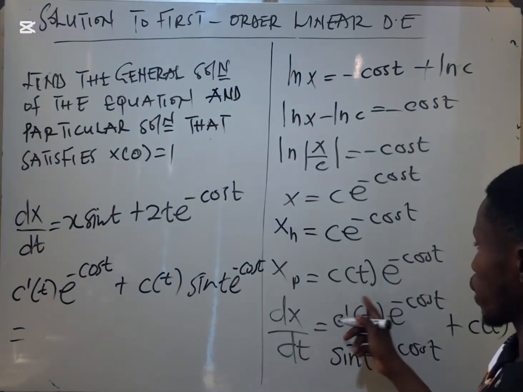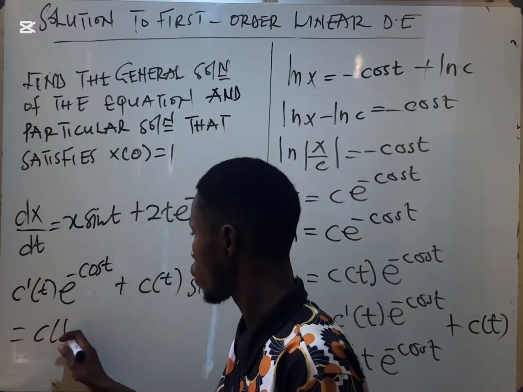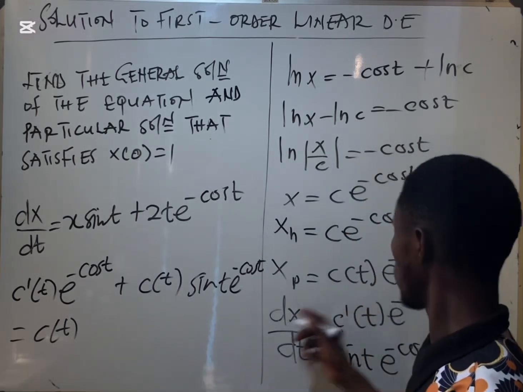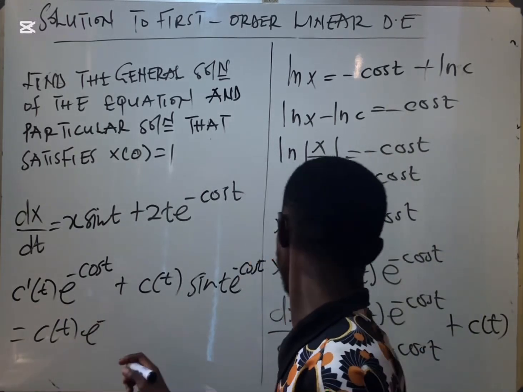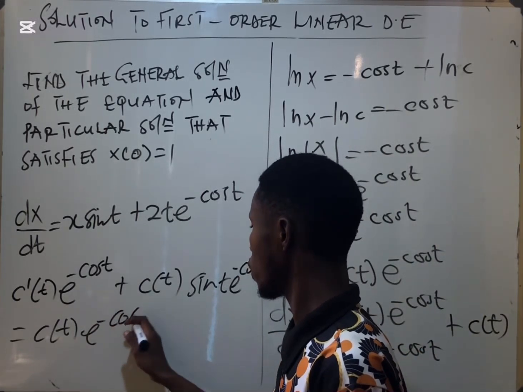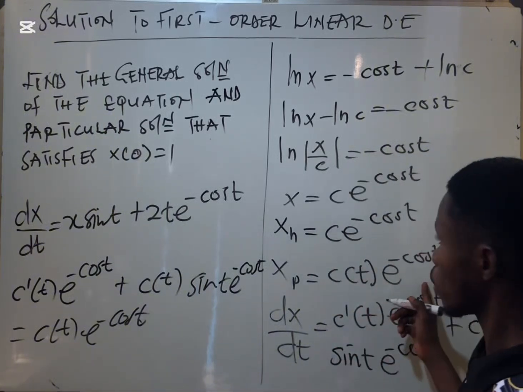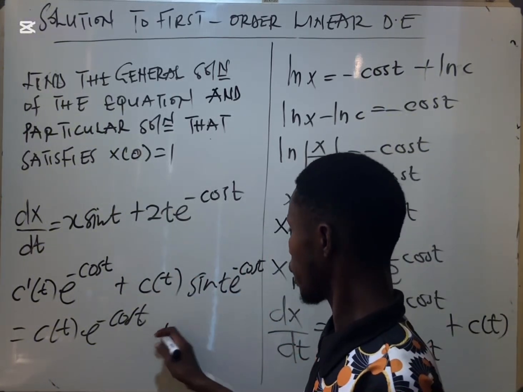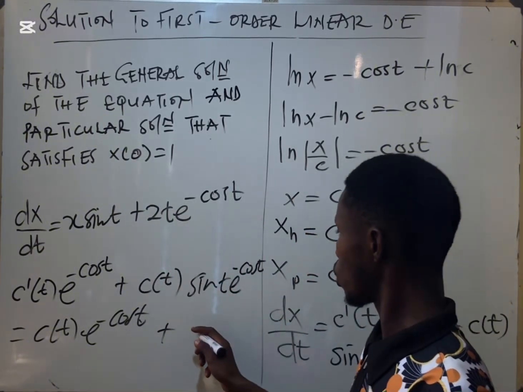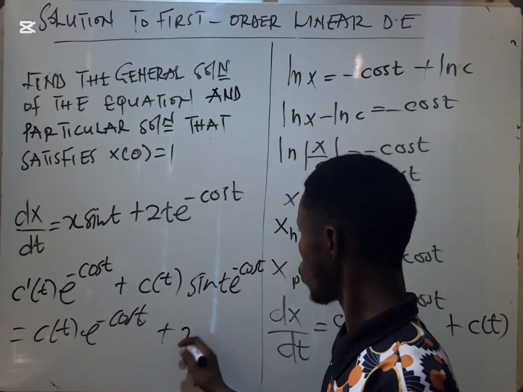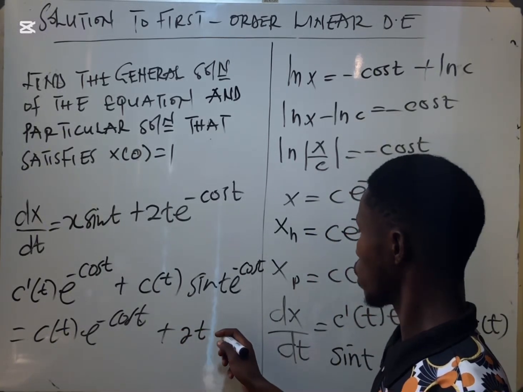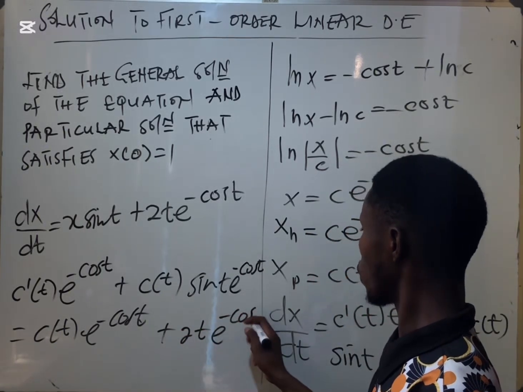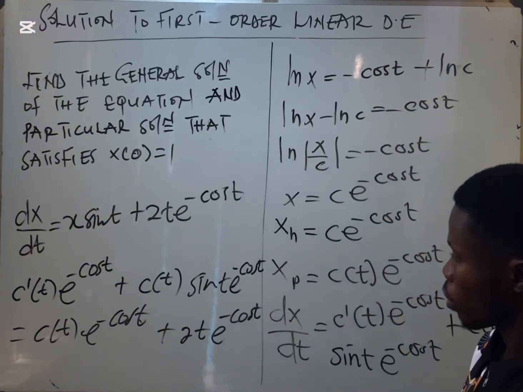Where's our x? This is our x, c of t e to the power negative cos t, plus this is 2t e to the power negative cos t. So this is what we have.